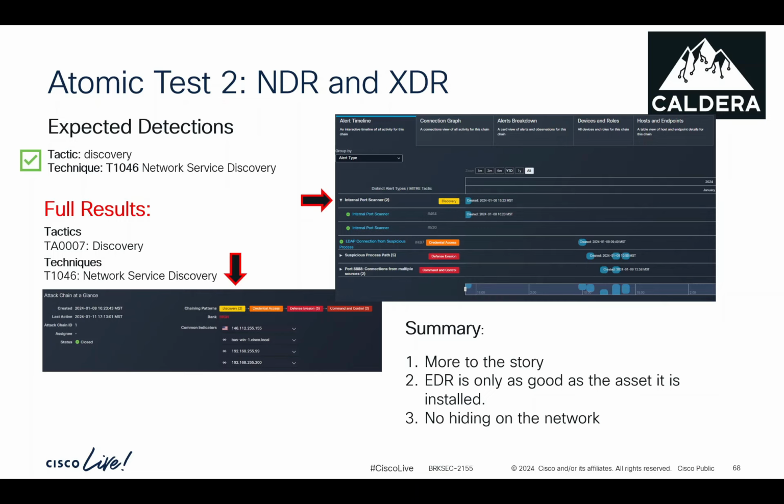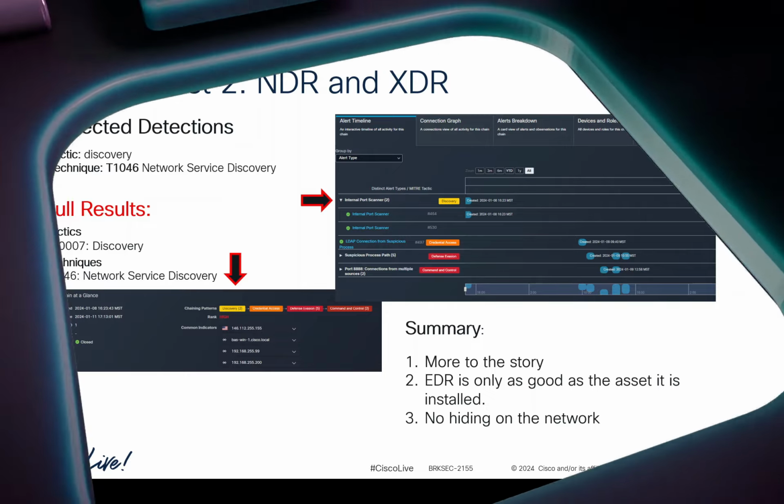You need data from that asset, or you need to move laterally within the organization, and that's going to create noise. That noise can be used to trigger alerts to let you know that something is in the environment or something is acting different than it normally does. Pretty cool stuff.